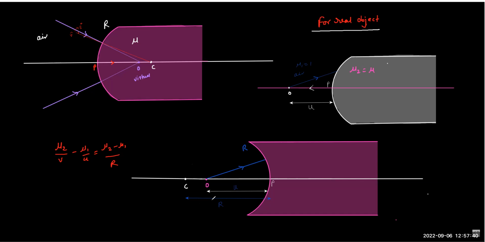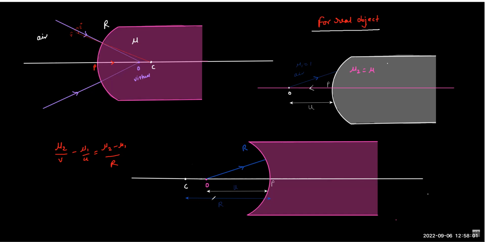What will happen? If u is positive and v is positive, it's a virtual object and real image.